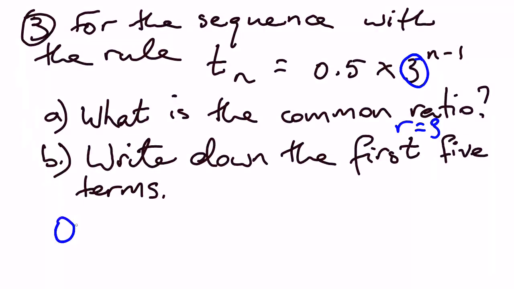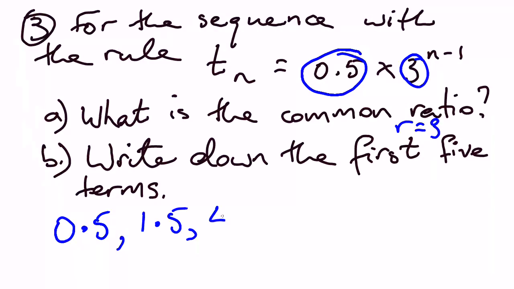Question B, write down the first 5 terms. I'm going to start with 0.5, and I know that because A is 0.5, and I know that because there is A written large as life for me. And then I'm just going to multiply 0.5 by 3, which gives me 1.5. Then I multiply that by 3, which gives me 4.5. Then I multiply that by 3, which gives me 13.5.